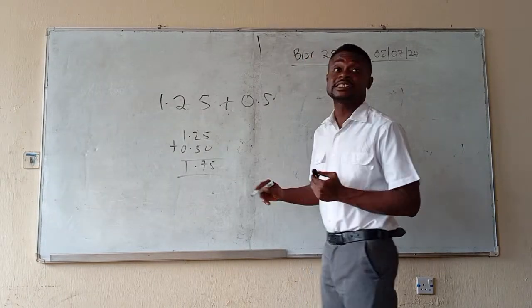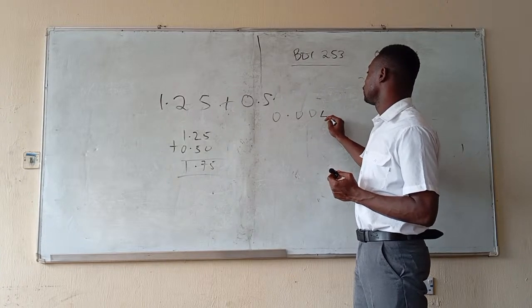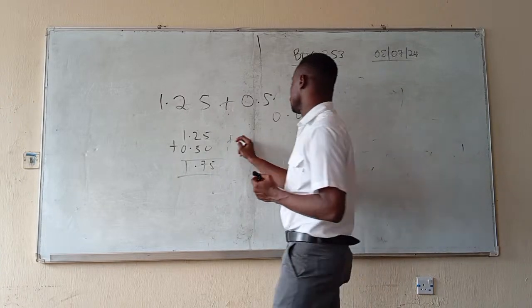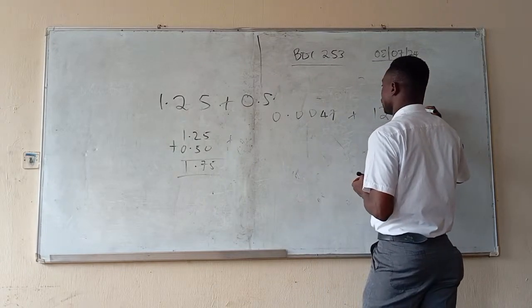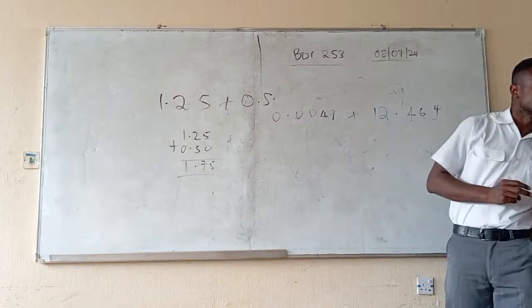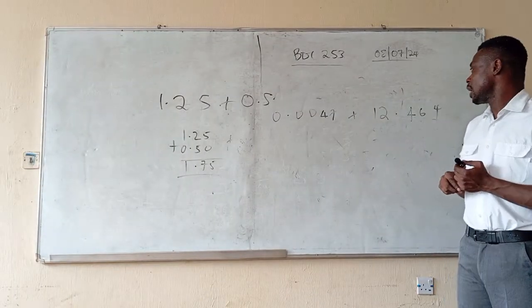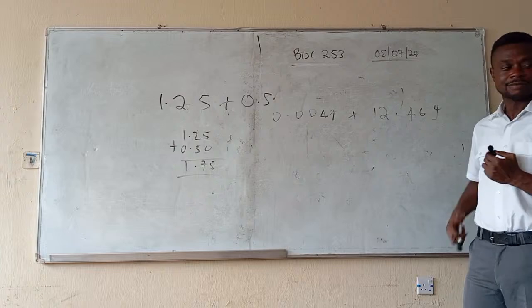So even if it is 0.00047 plus 12.464, who can add this for us? 0.4687. Wow.